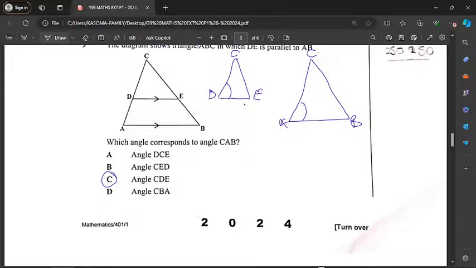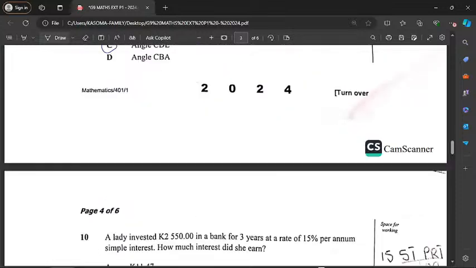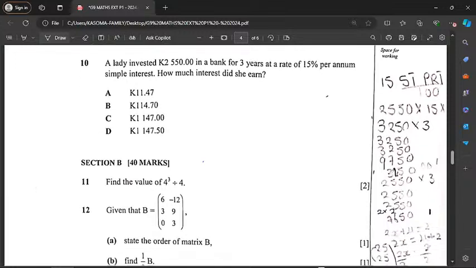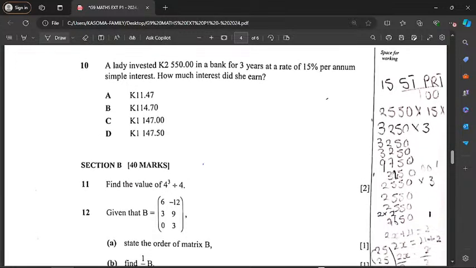Okay, so the next question is question 10, which is: a lady invested 2,550 kwacha in a bank for 3 years at a rate of 15% per annum, simple interest.